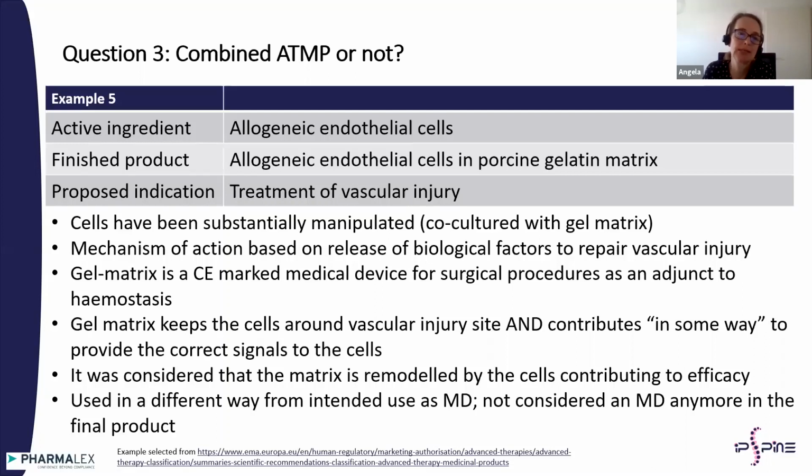And hemostasis, I would say, is also a very similar function as treatment of vascular injury. So at first glance, I think it looks very much like a product where the medical device part is put to the same mechanical, physical function of covering the vascular injury and somehow gluing this defect as in the medical device by itself.